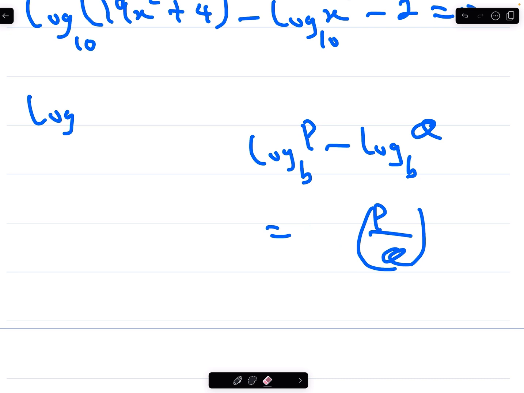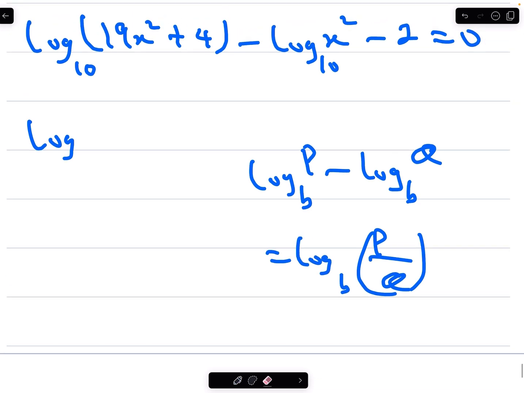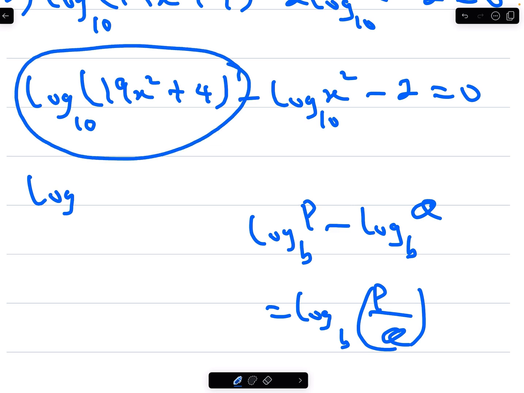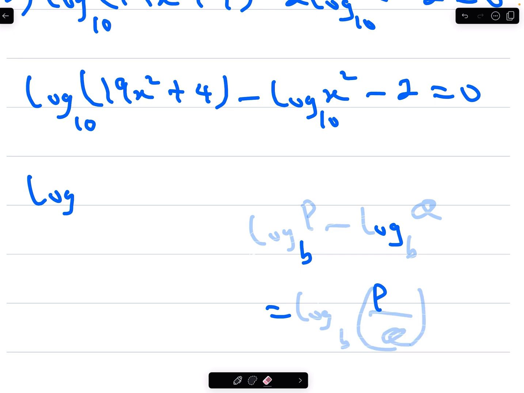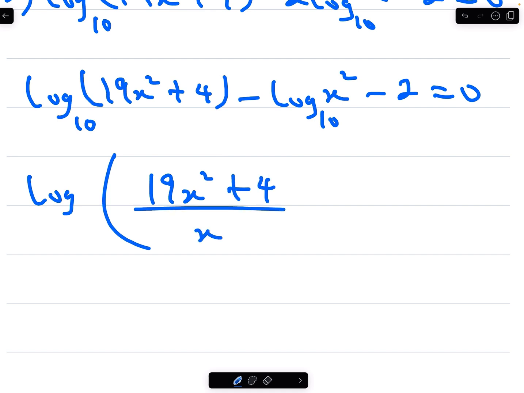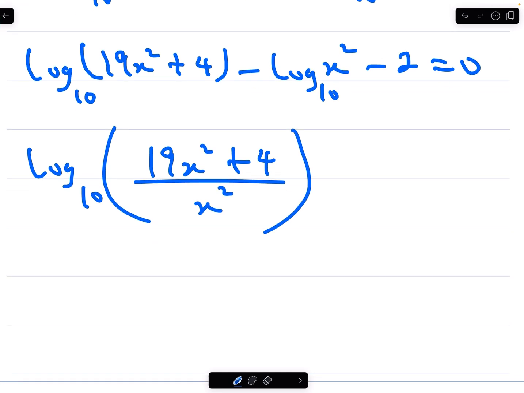So that simply means log of 19x squared plus 4 base 10 minus log x squared base 10 is going to be the same as log of 19x squared plus 4 over x squared to base 10, minus 2 equals 0.